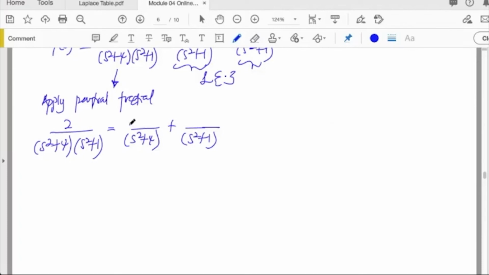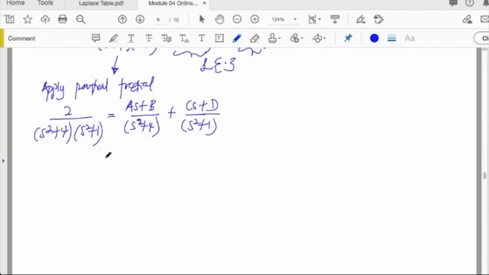Okay, so for the coefficients on top of the denominator, remember if you have the highest power of 2 inside the denominator, which means your numerator must have s. Okay, so in that case we have as plus b. You can refer to this in the partial fractions table. And for the second term, okay, we have cs plus d. Okay, so now you can solve it.